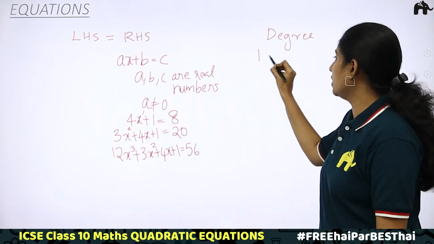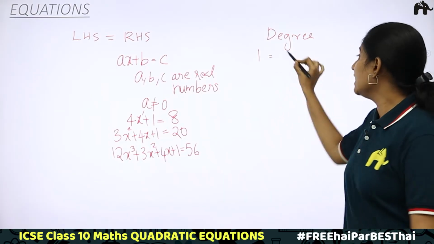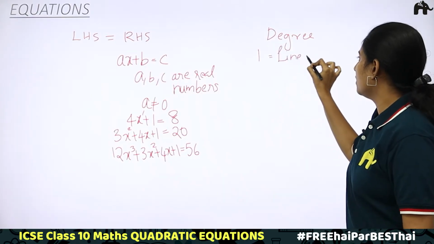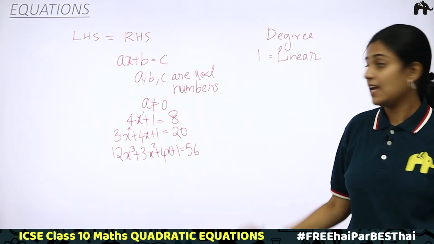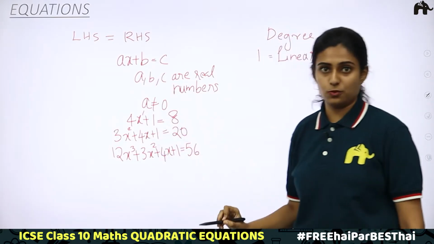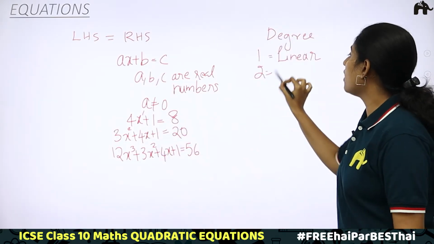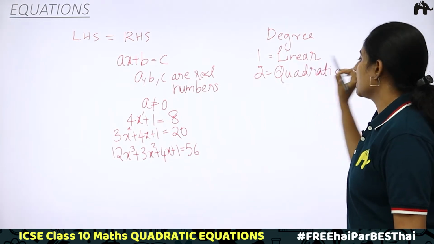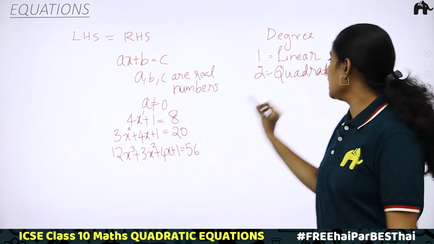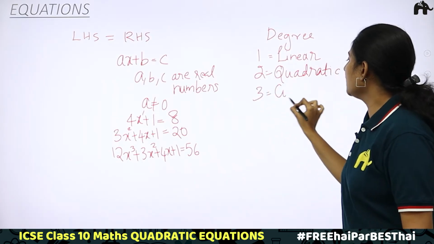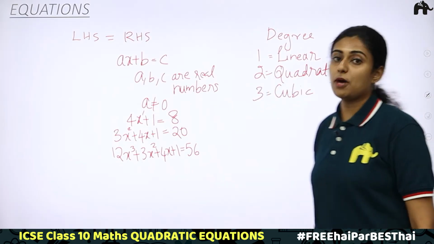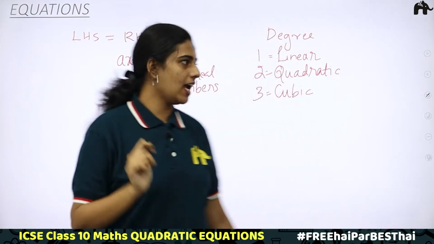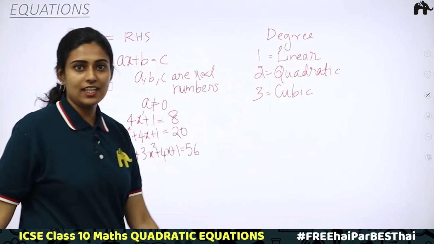If the degree is equal to 1, then we call them linear equations. When the highest power is 2, we call them quadratic equations. And when the highest power is 3, we call them cubic equation. We are not going to study about cubic equation, but the basic idea we need is about quadratic equations.